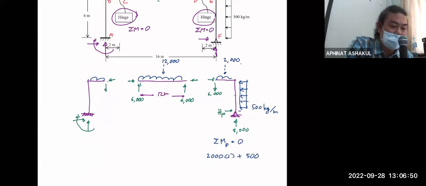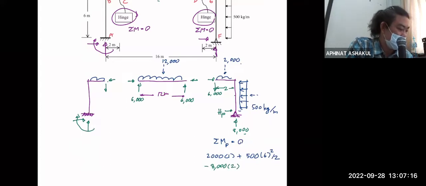And then again, we can use WL square over 2. Okay, that's the second one coming from this uniform load. Then minus, I can use different colors so that you can see this, minus 8,000 multiplied by this distance now, right? 2 meters.